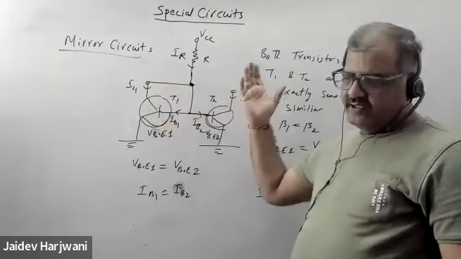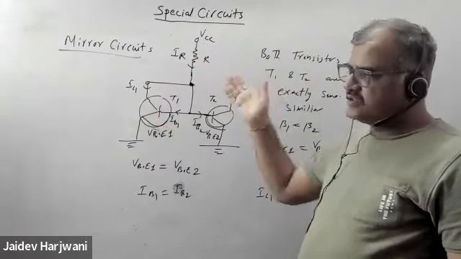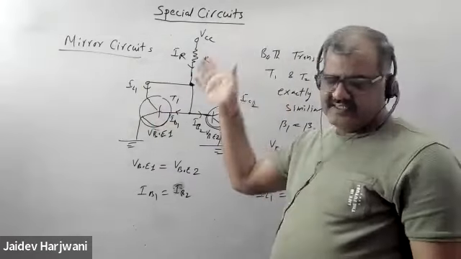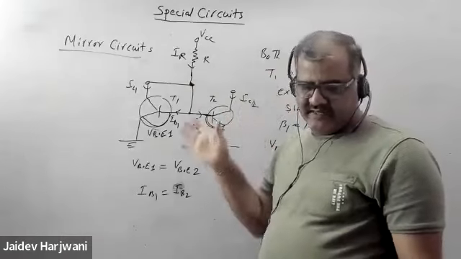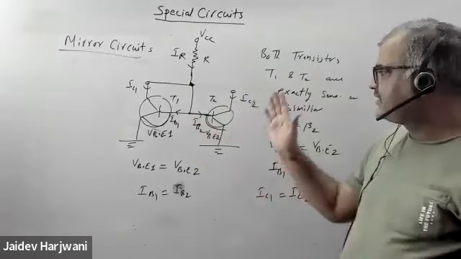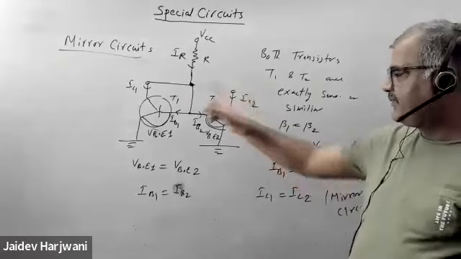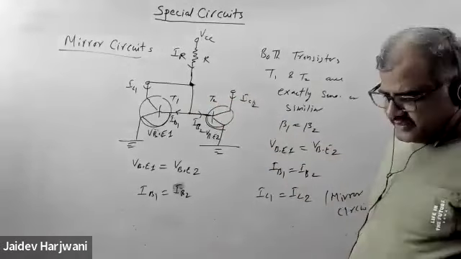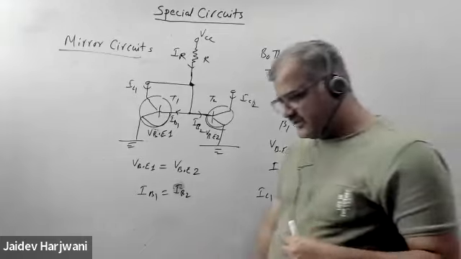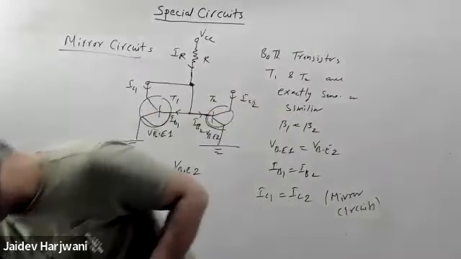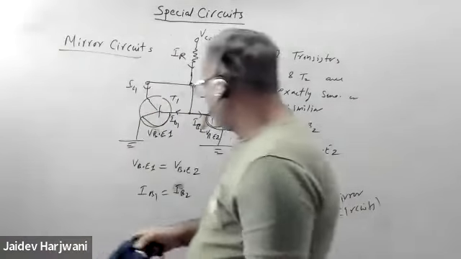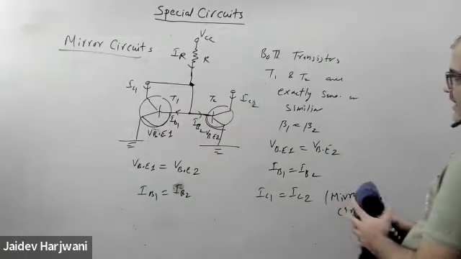You can force the same current to flow in each transistor if the transistors are similar. If you assume transistors are exactly the same, then you can flow equal current in all the transistors. So this is basically your mirror circuit. Now let me calculate what is the value of IB or IC.